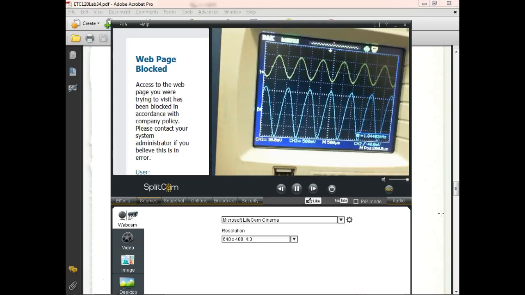No, 20 millivolts in. 2 millivolts per division. I got two divisions. 20 millivolts in and 2.2 volts out. What's the gain?